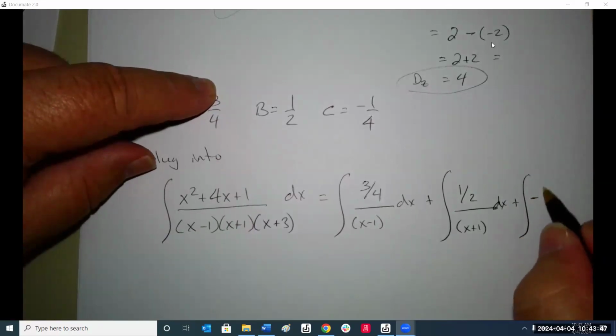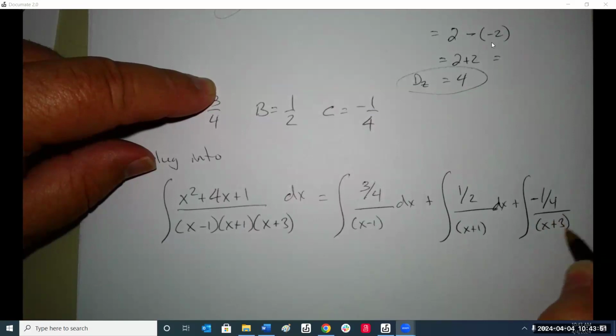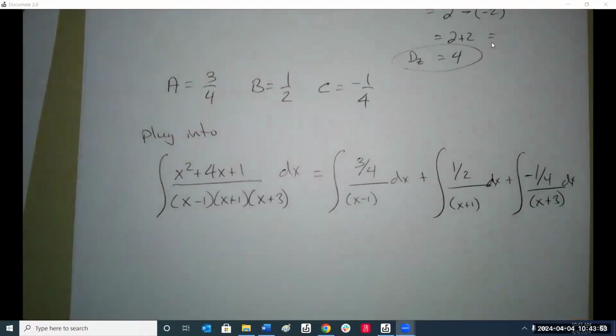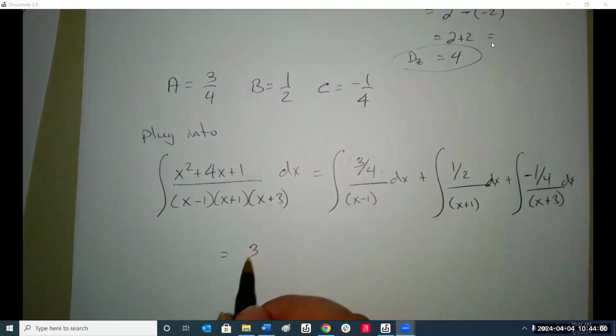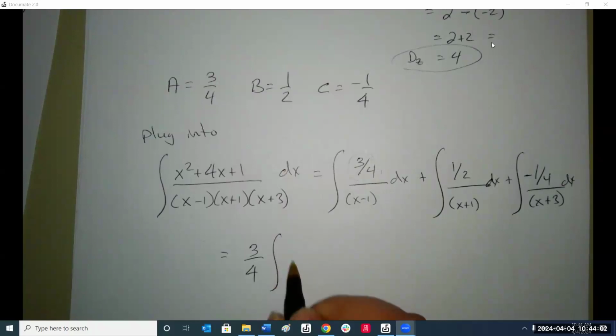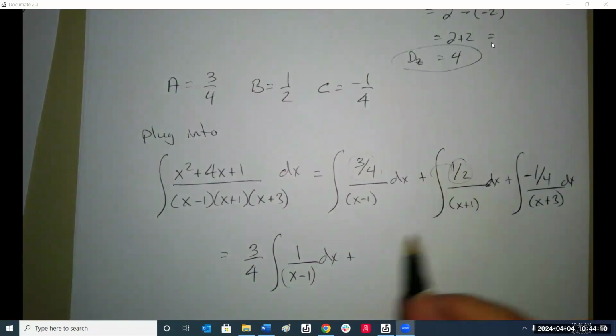And then negative 1/4 over x plus 3 dx. That's a constant, so I could bring it out in front.